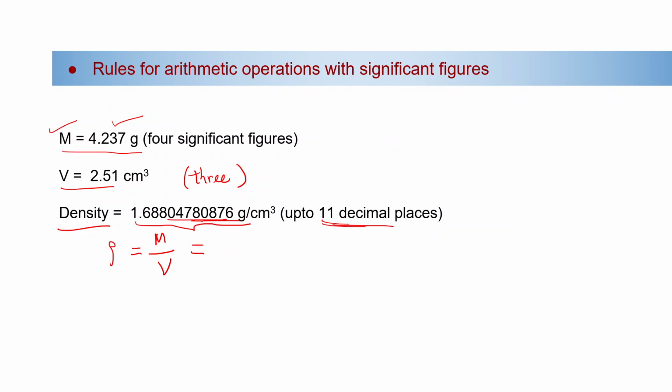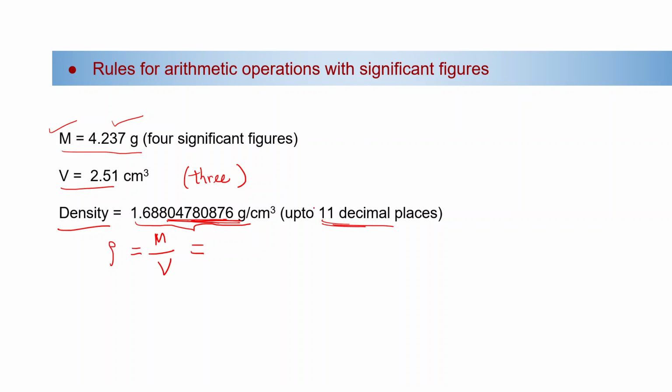If we report it up to 11 decimal digits, it means we used some advanced instrument, but that's not the case. Somebody will see that the equipment we used didn't have this much accuracy. So that is why this is not the correct way to report our value. Just because a calculator, or even manual calculation, gives these many digits, that's not the correct way to scientifically report this.